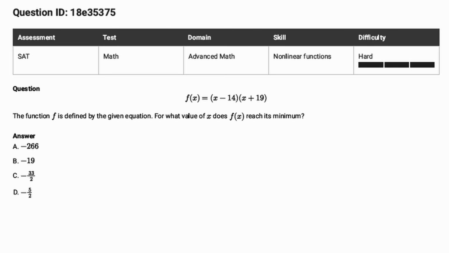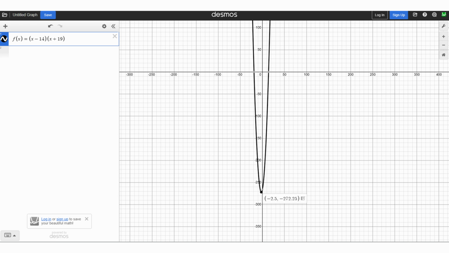All right, so this is actually a perfect example of where knowing the vertex comes into play. The function f is defined by the given equation. For what value of x does f of x reach its minimum? So if we plug in this equation to Desmos and look at what it gives us, we see that we have a parabola and the minimum is the vertex because the minimum is the lowest point.